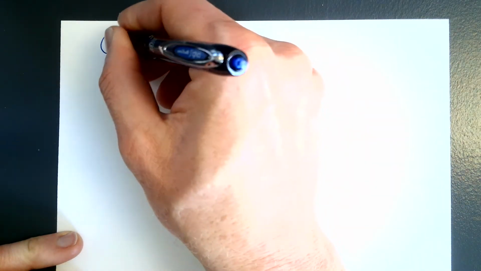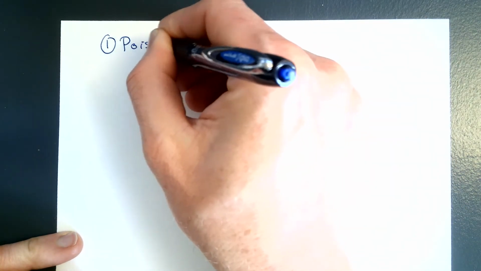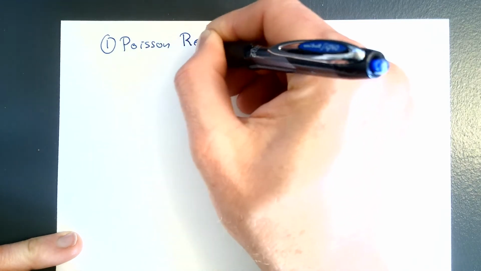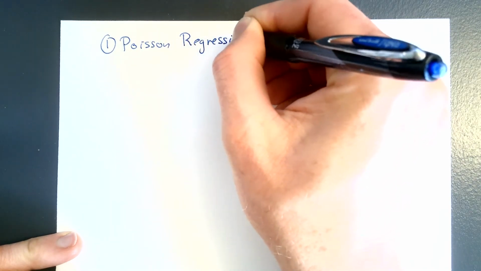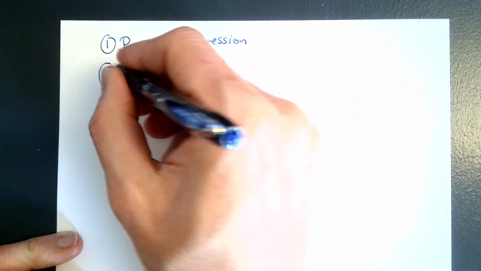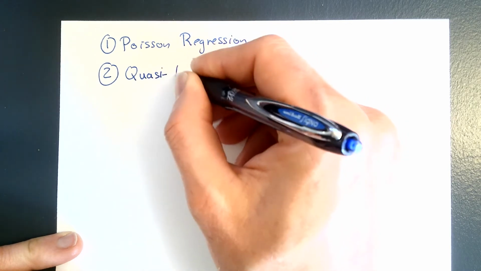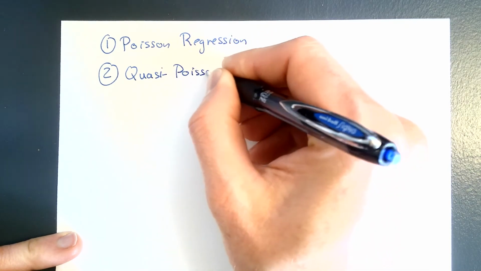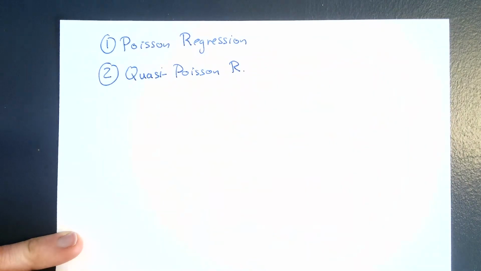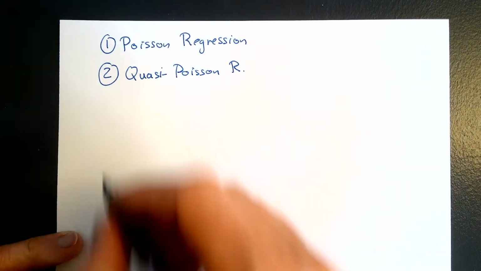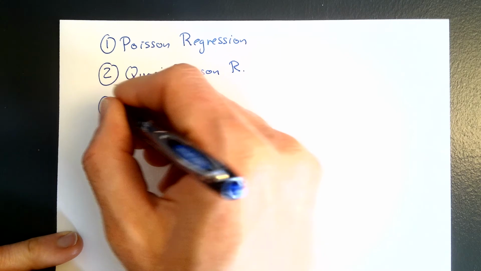In this section, we are going to talk about count regression models. Specifically, we are going to talk about the Poisson regression model, we are going to talk about a quasi-Poisson regression model, and we are going to talk about the negative binomial regression model.